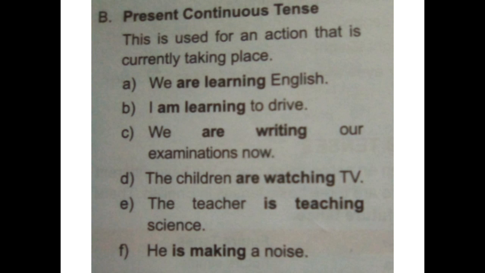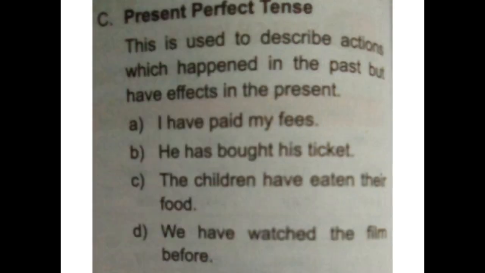Present participles are the ing forms: learning, writing, watching, teaching, making. So the present perfect tense is the present auxiliaries of the verb to have plus the past participles, like paid, bought, eaten, watched.